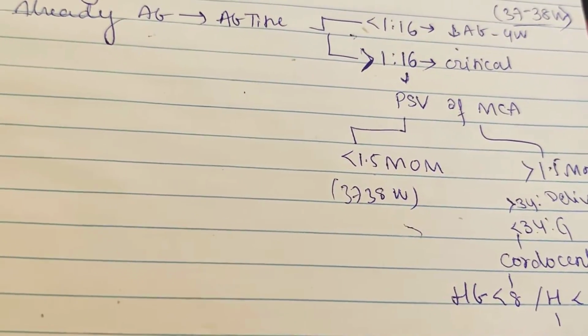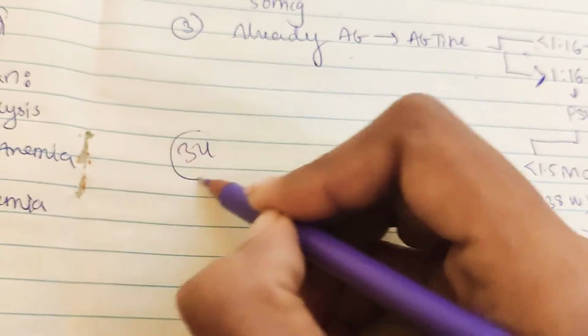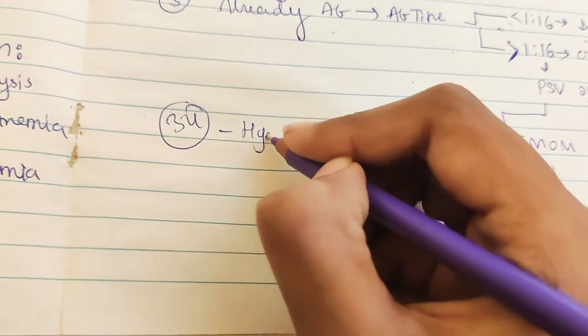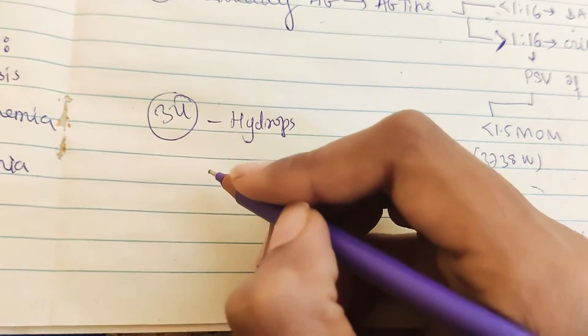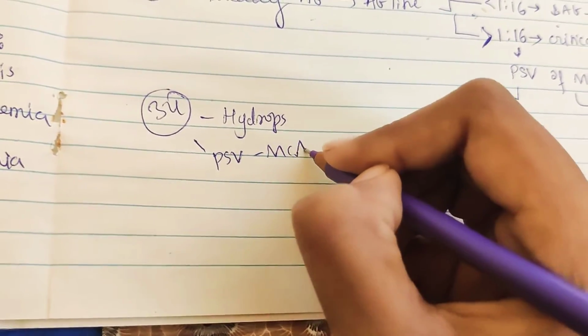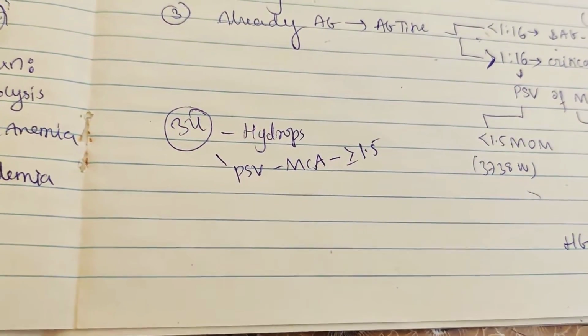Now, the indications for pregnancy termination at 34 weeks. If you want to terminate at 34 weeks, what do we need to see? First, if there is hydrops fetalis, then you should terminate. If the PSV in the middle cerebral artery is greater than or equal to 1.5, you need to terminate.